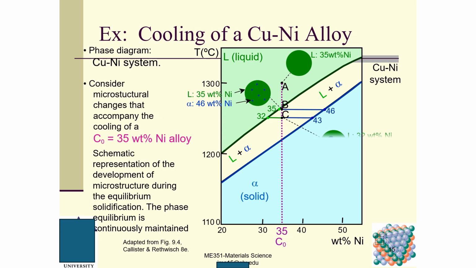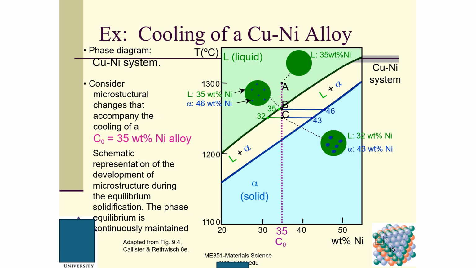And in point C here, as the temperature continuously becomes lower, at this point C, if we draw a tie line here, we have 32 for liquid and 43 for alpha, and also the dots grow bigger. So this dot is alpha, and this green is 32 weight percent of nickel.